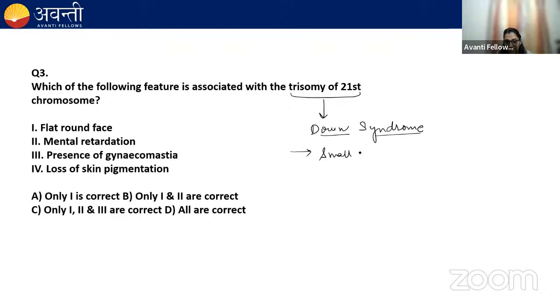In Down syndrome, the symptoms are: number one, small round head. Flat back of head. Short height.